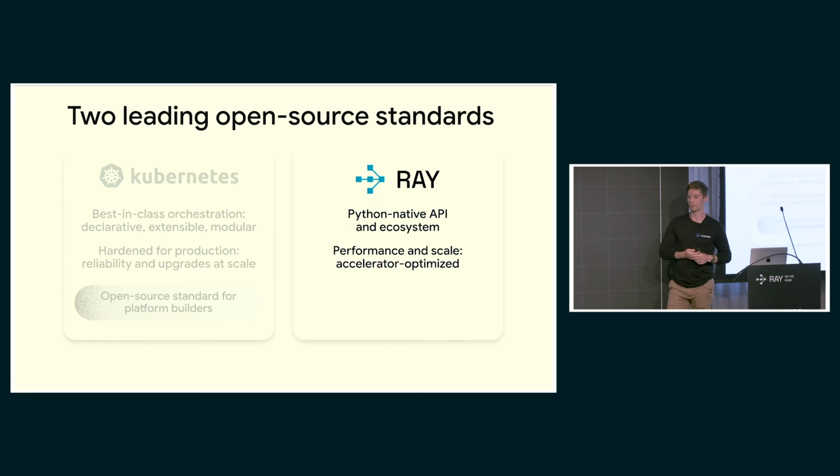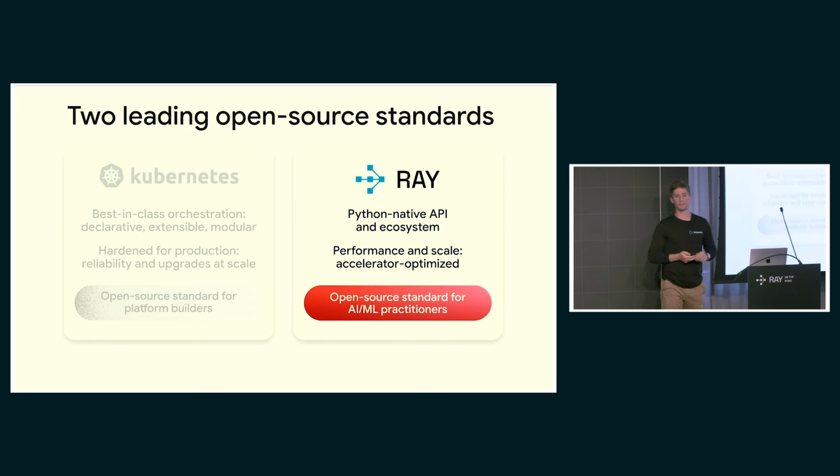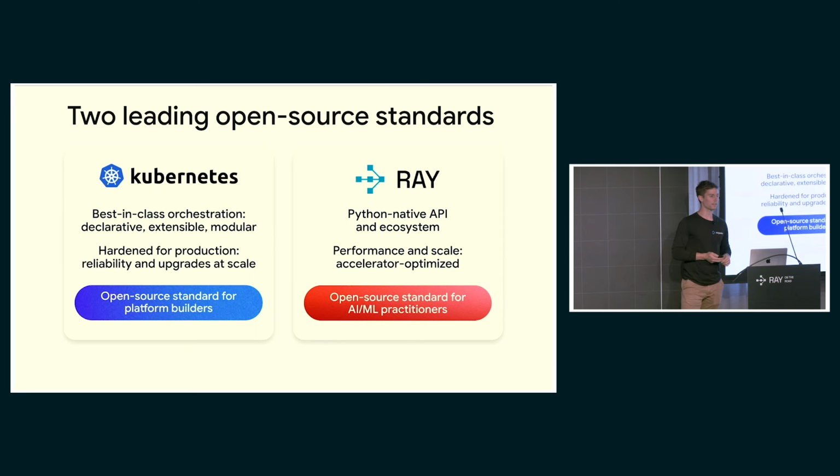And Ray is also optimized for scale, but in a different way, which is scaling up a single application and getting the most out of your hardware resources, especially when you use hardware accelerators like GPUs, and mix them in heterogeneous clusters. So all of these benefits have made Ray emerge as the open source standard for AI and ML practitioners.